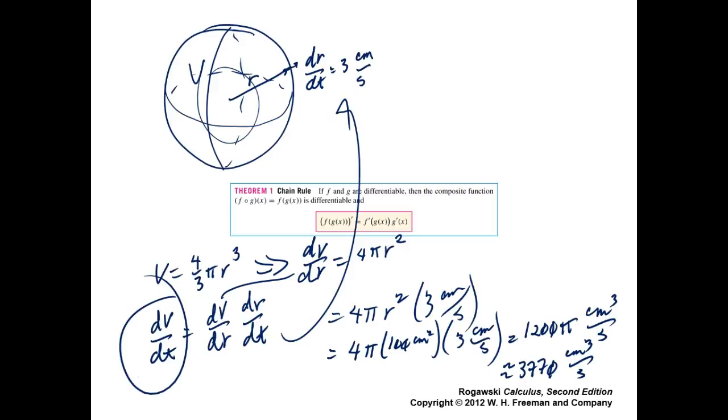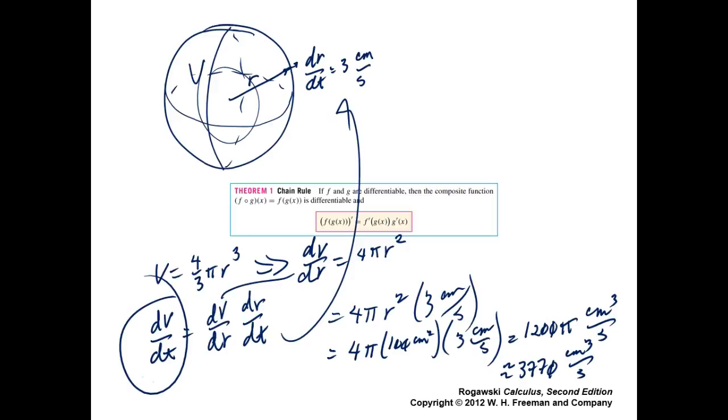Well, you can do dV dr based on this, which is what we did here. They already gave us dr dt when they said the radius is changing at 3 centimeters per second. That's a change of radius per change of time. Centimeters per second, radius per time. So we just plug that back in here. This is another way of expressing the chain rule.